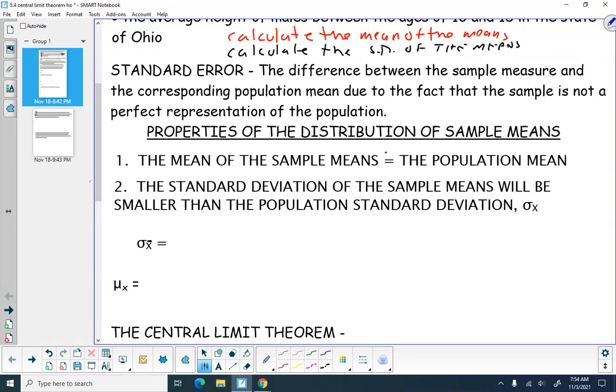The mean of the sample means will equal the population mean, but realistically it will be approximately equal to. The standard deviation of the sample means will be smaller than the population standard deviation.